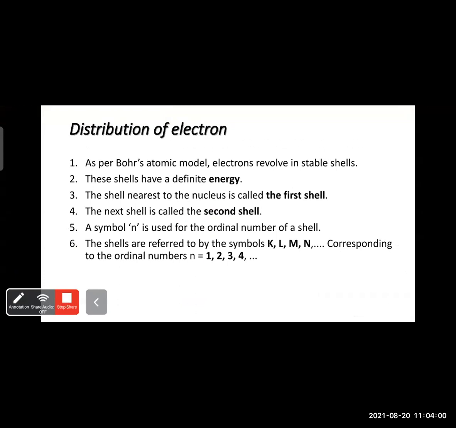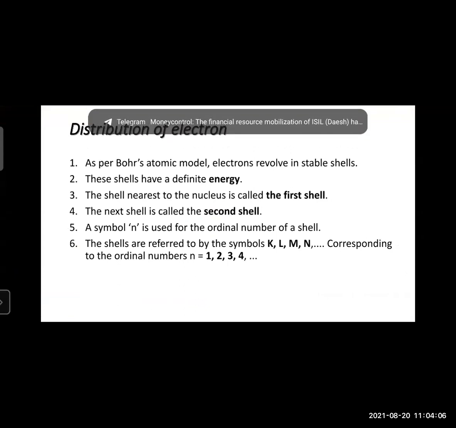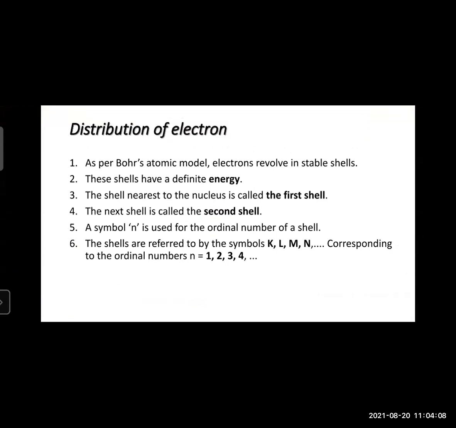Now, how are these electrons distributed in the extranuclear part? As per Bohr's atomic model, the electrons revolve in stable shells, and these shells have definite energy. The shell nearest to the nucleus is called the first shell, and the next shell is called the second shell. The symbol n is used for the ordinal number of the shell.